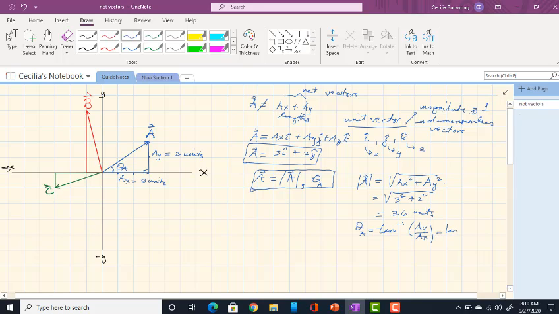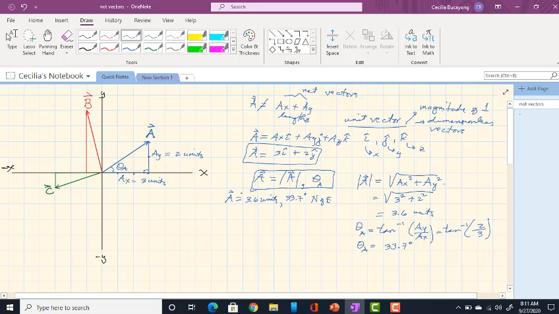This is equal to 2 over 3. Then our theta A is equal to 33.7 degrees. Thus, our A, given the magnitude, is equal to 3.6 units, 33.7 degrees north of east.